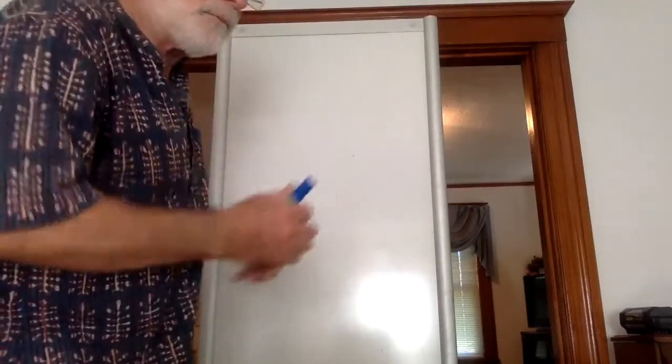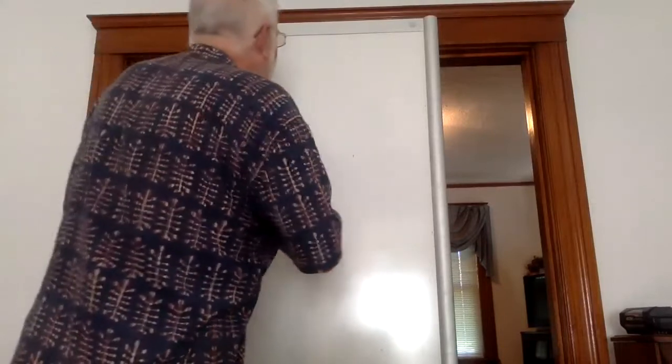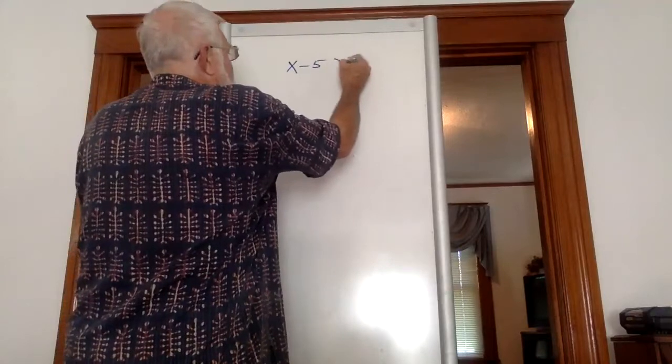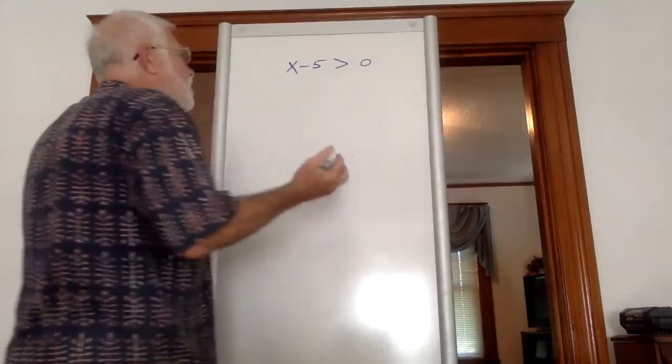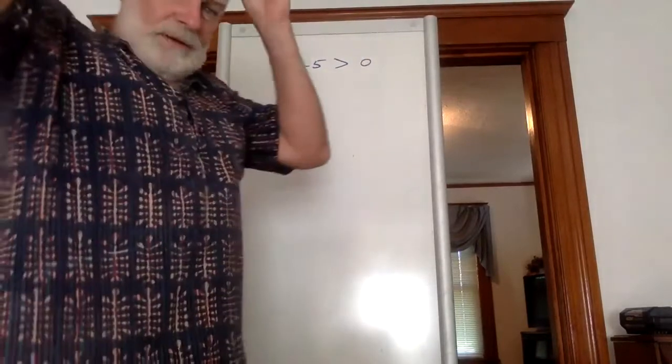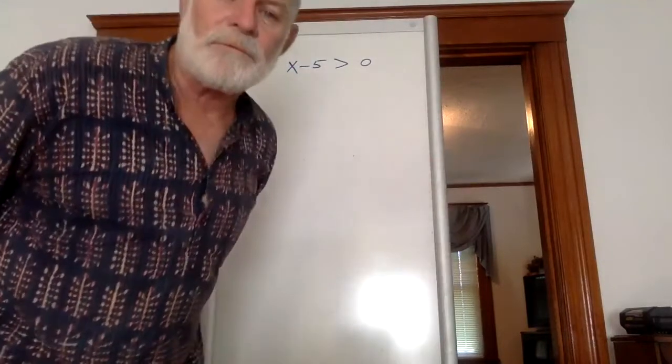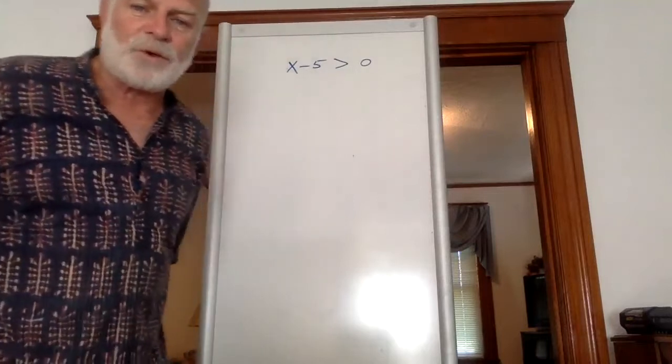All right. So let's start real basic idea: x minus 5 greater than 0, and then we'll build up to some more challenging problems. So in calculus, we often refer to certain numbers as being critical.